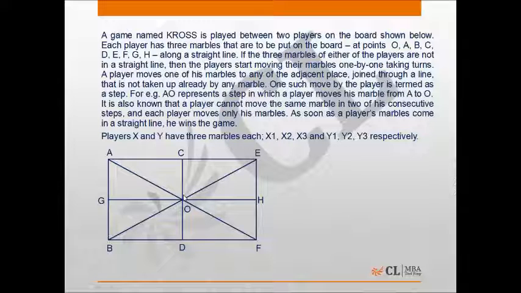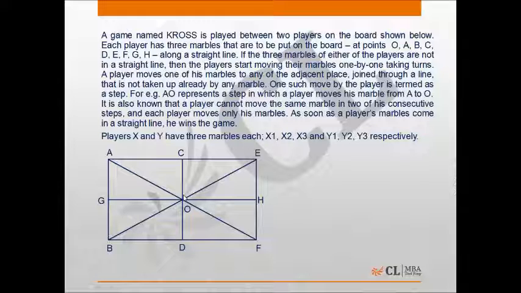Like if, as given in the next line, the marbles with x are x1, x2, x3, and with y are y1, y2, and y3, x can move his marbles, that is x1, x2, x3.